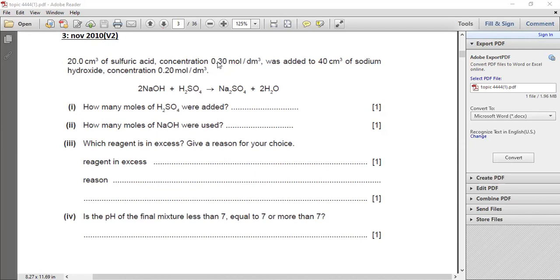This is a question from 2010, the same idea, not different. Percentage yield and percentage purity are in your updated syllabus as well.